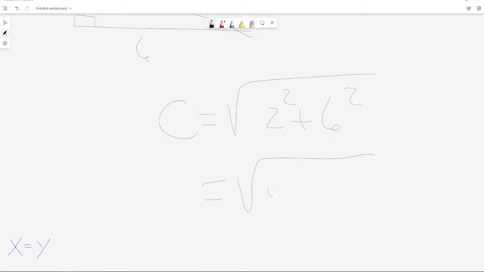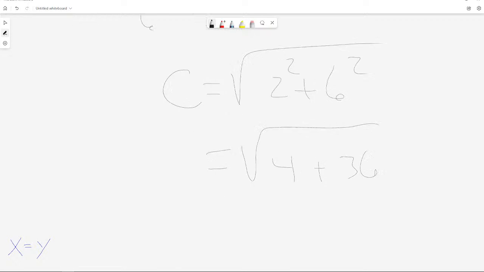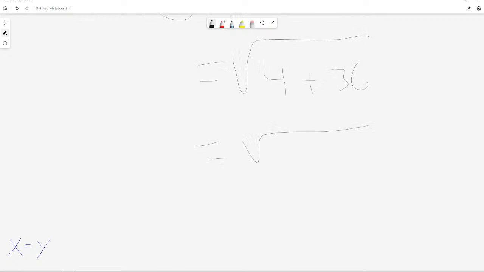So 2 squared is 4, 6 squared is 36. So we're going to equal the square root of 40.